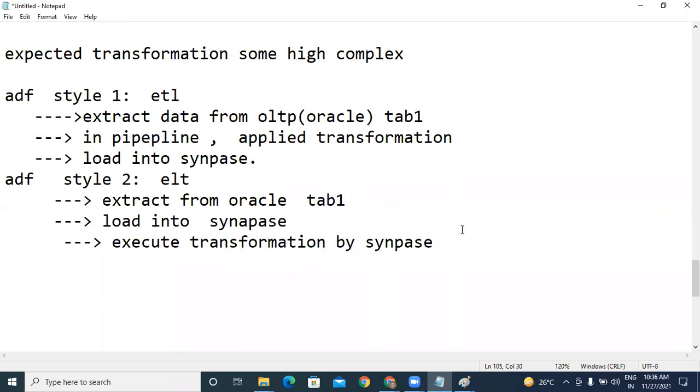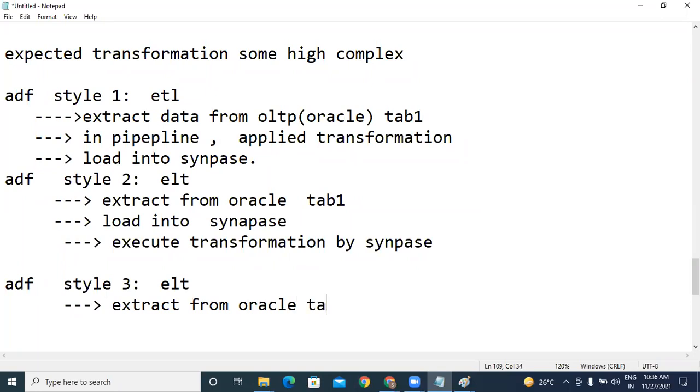Again, I am coming to type 3, ADF work style 3. I am treating this as ELT, but changing things. Extract from Oracle tab1; the first step is common. Load into data lake.